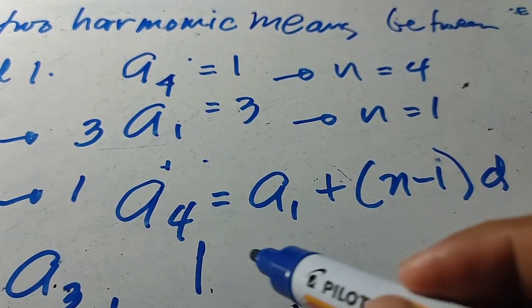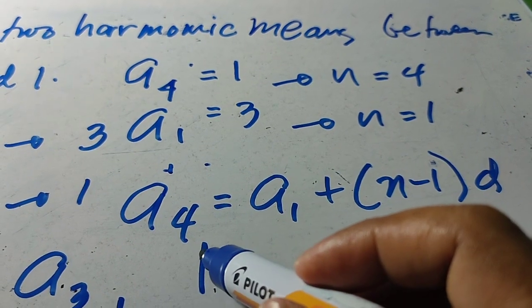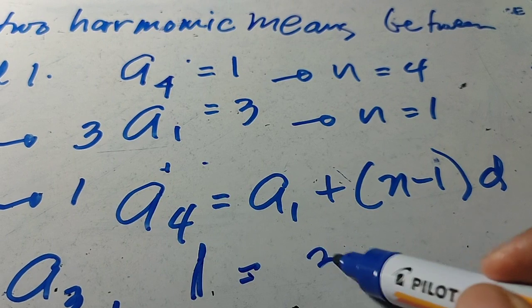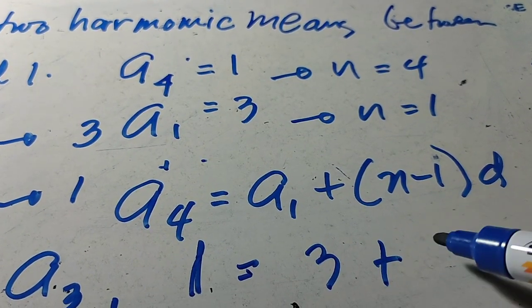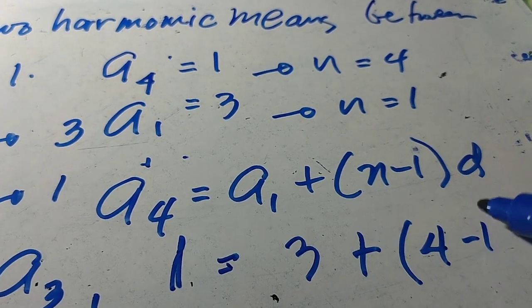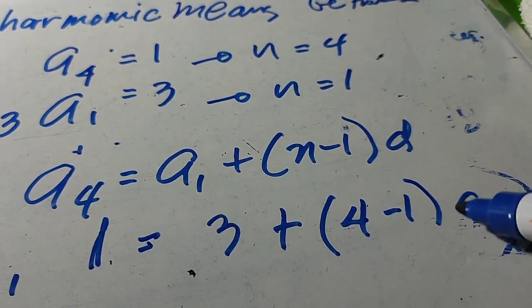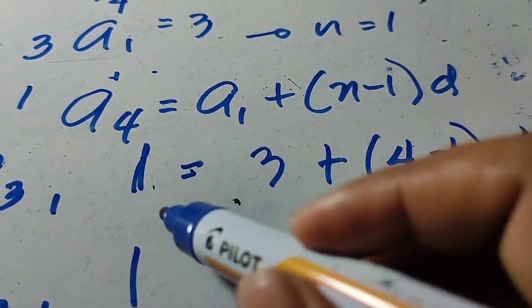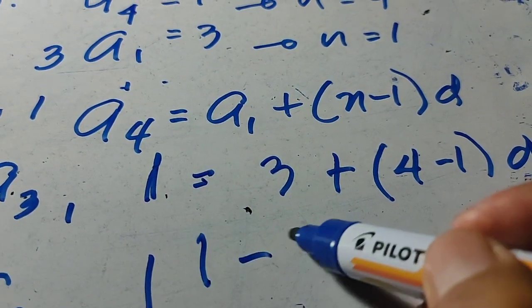So our a sub 4 is 1. So it's here 1, that is equal to a sub 1, which is 3, plus n minus 1, that is 4 minus 1, times the difference, which is unknown. So 1 minus 3.